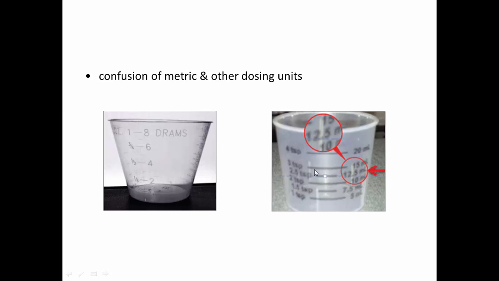On the right-hand side is a similar case. This was a father that bought medication, just acetaminophen, over the counter, and the dosage, as written on the package, was 12.5 milligrams. But when you look at the dosing cup, it says 12.5 mils, and so the father filled the cup up to 12.5 mils and was ready to give that to his son.